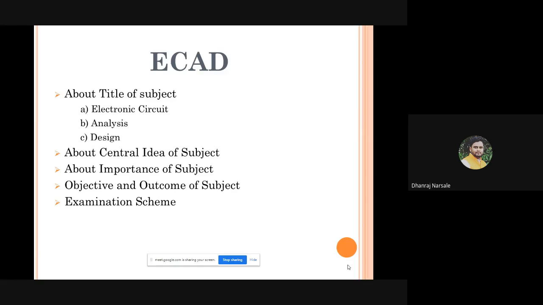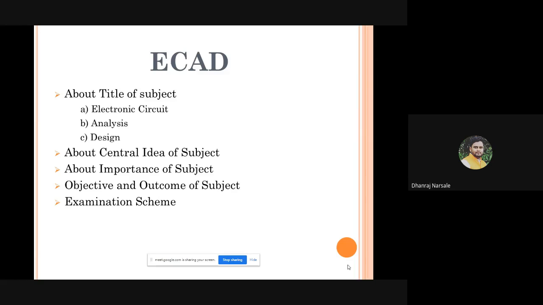If you observe the electronic circuit, various components are present in it. For example, transistor, resistor, capacitor, diode, triac, inductor. All the components will be present in every electronic circuit. So according to that, we can define the electronic circuit.